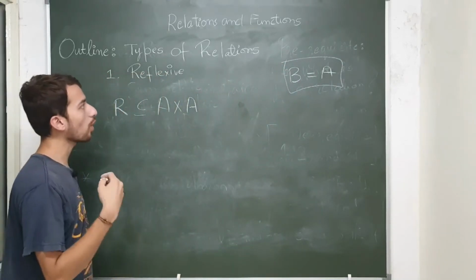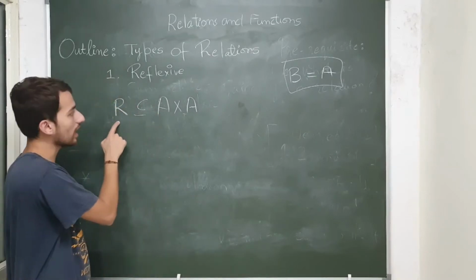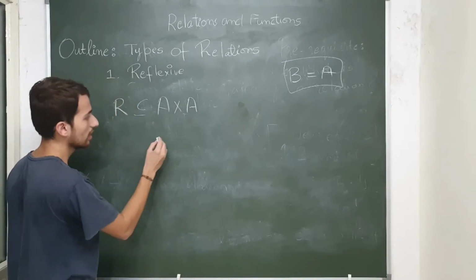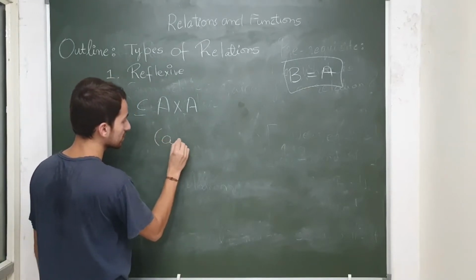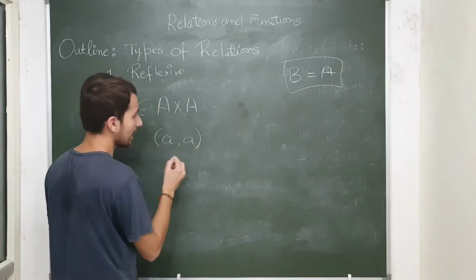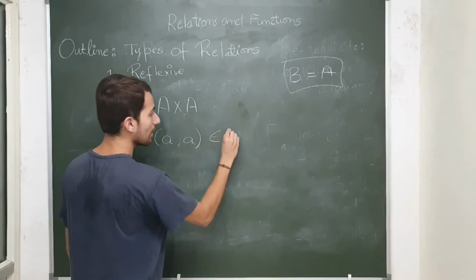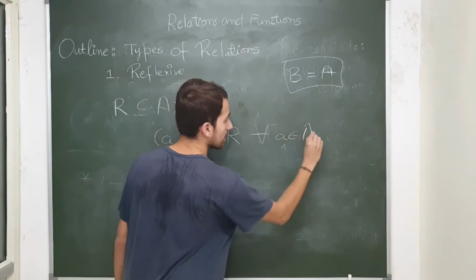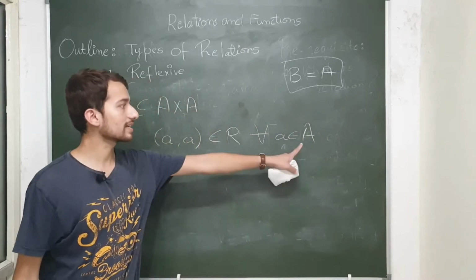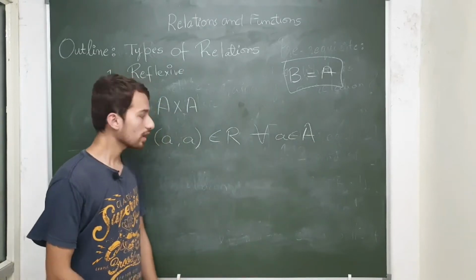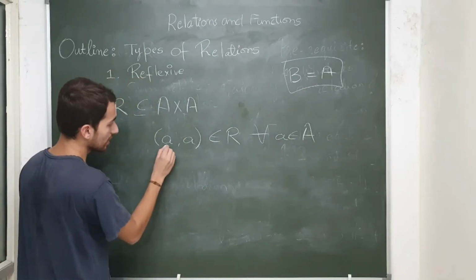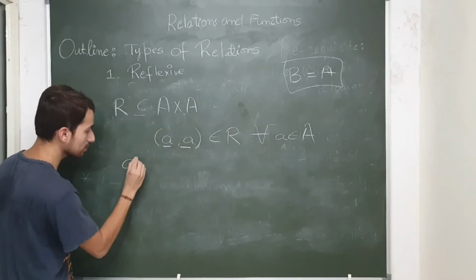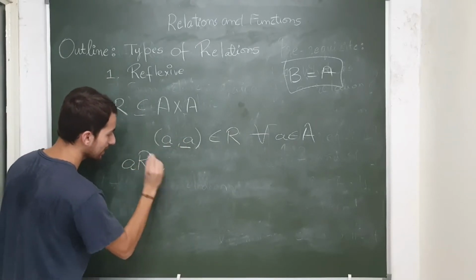Now, we are going to call this relation R reflexive if all the ordered pairs (a, a) are in R for every member a belonging to the set A. In shorthand, I can also write it as a R a.